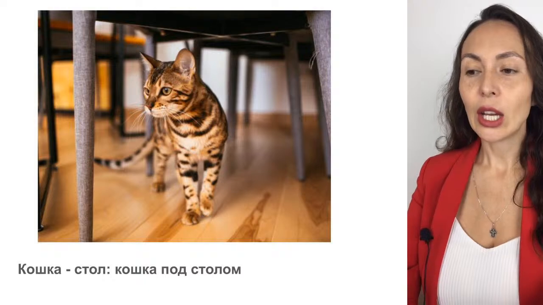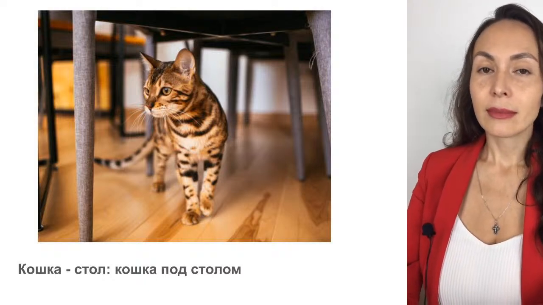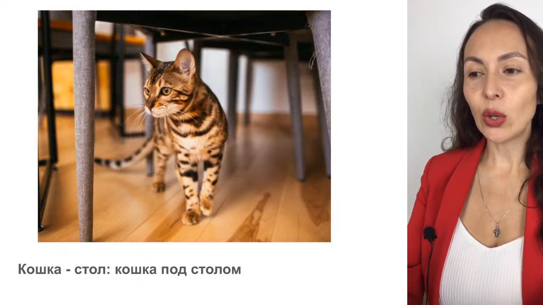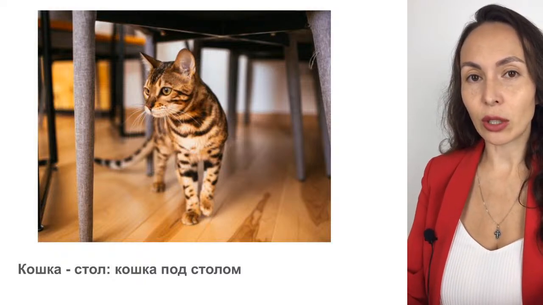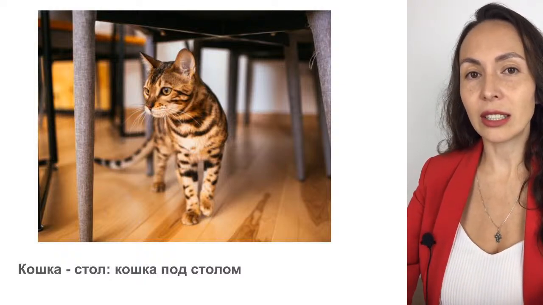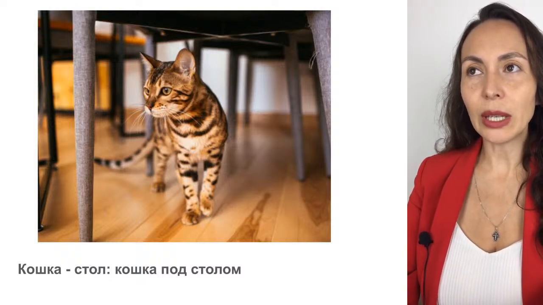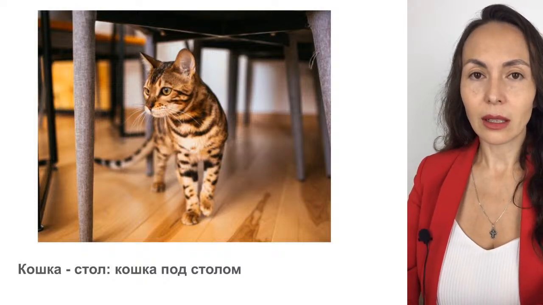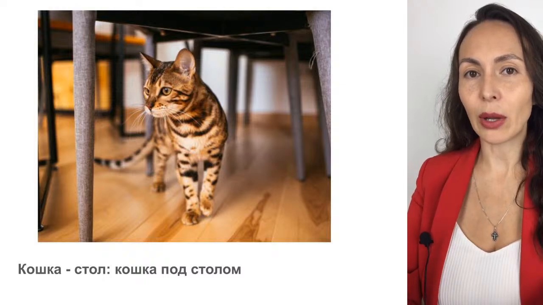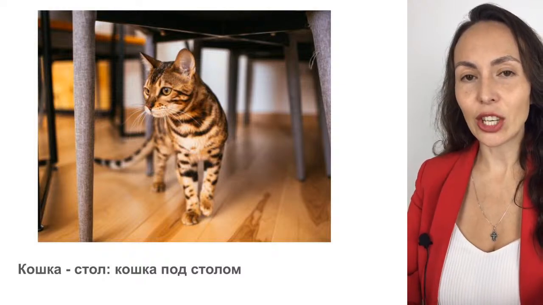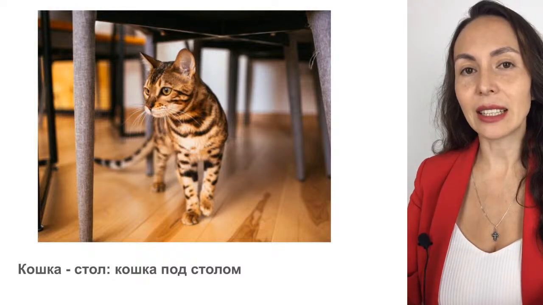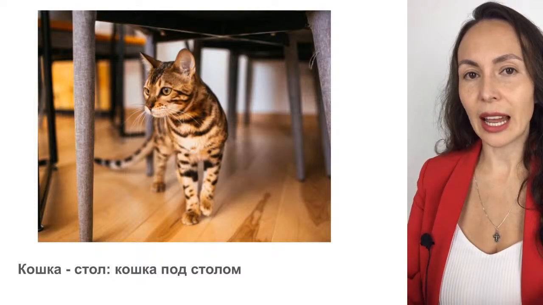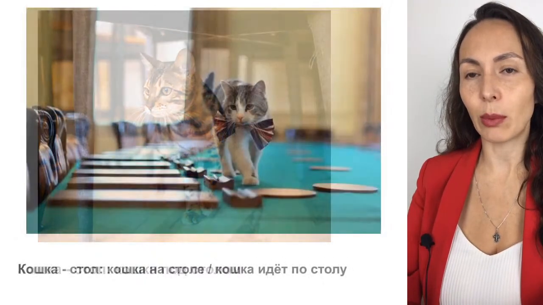You might not know the preposition под, but you already see the situation. Where is the cat? It's under the table. You want to be precise, you want to be accurate about saying the location of this cat. So you want to connect this кошка and the table. Next one.